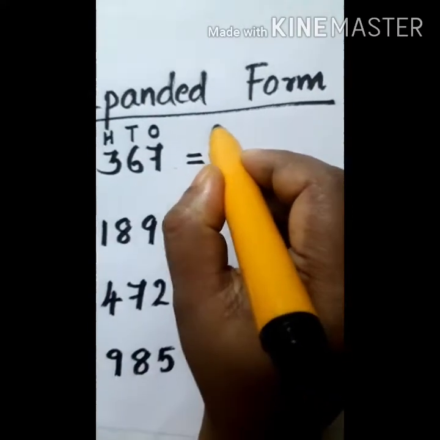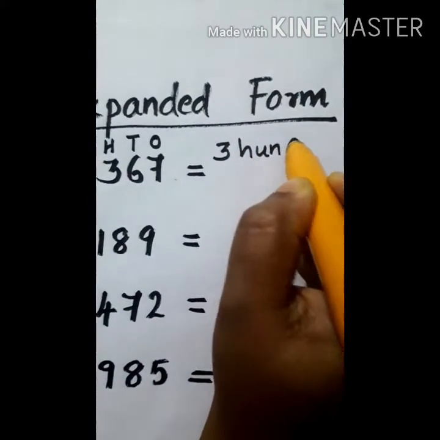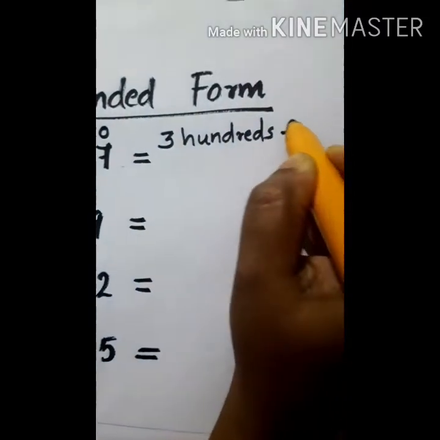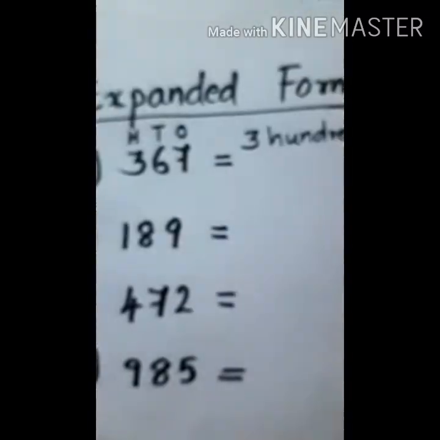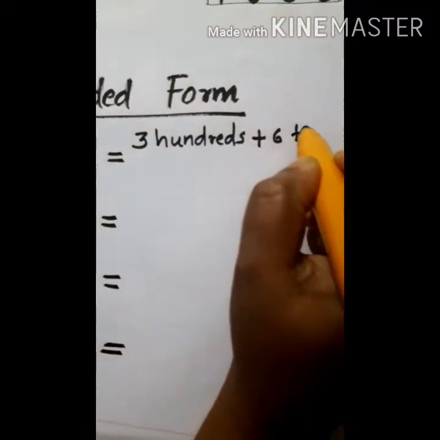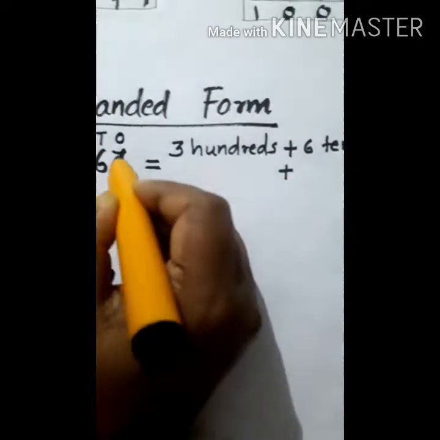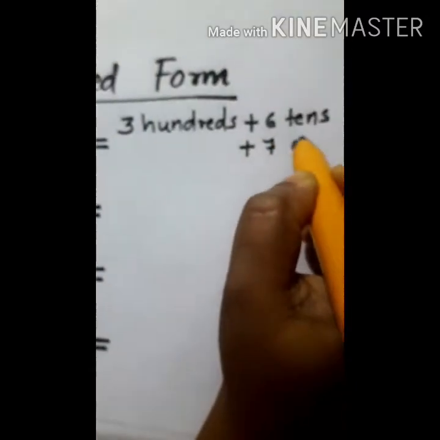Hundreds. So we write 3 hundreds plus, in tens place, what is the number? 6 tens, plus in ones place, what is the number? 7 ones.